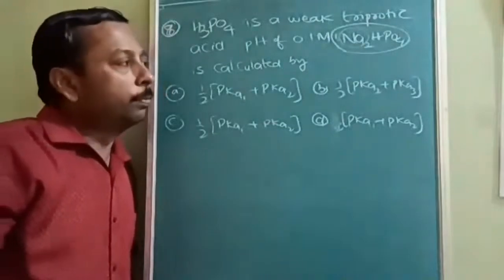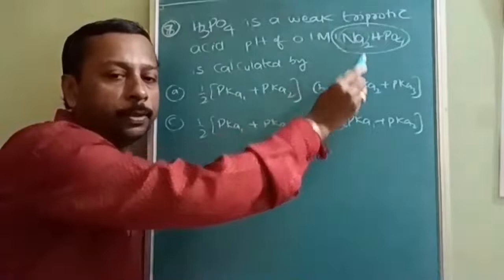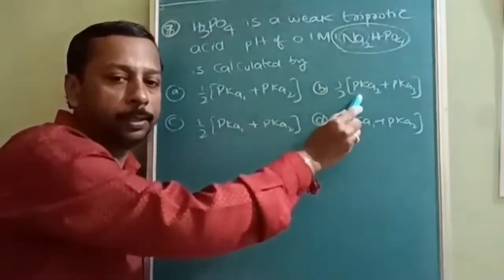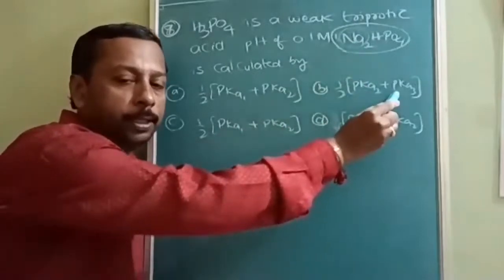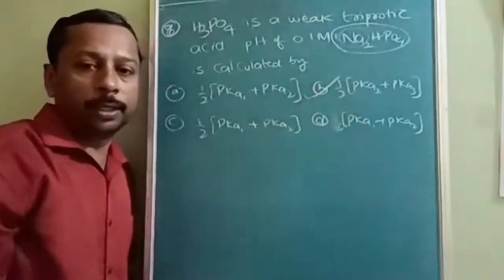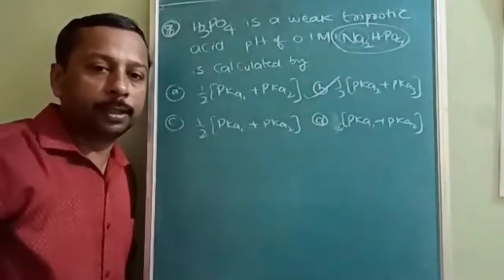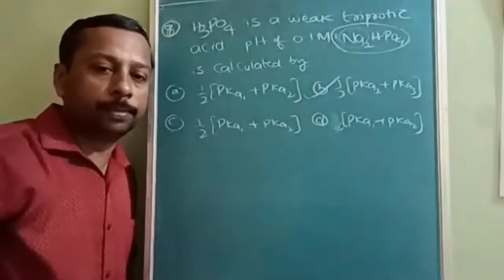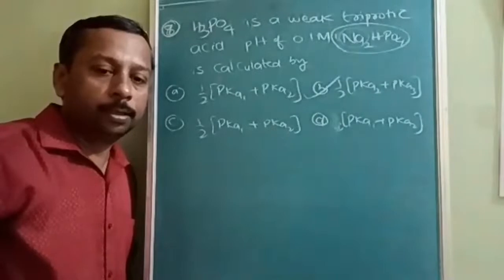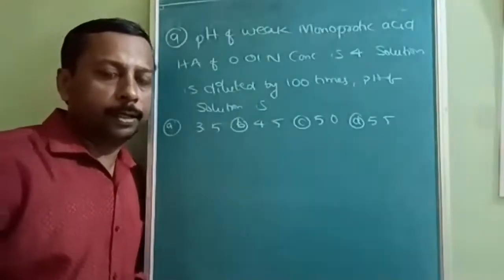But here 2 hydrogens are already replaced. Therefore, we will start with pKa2 plus pKa3 by 2. So for amphiprotic, the answer will be 1 by 2 of, if second dissociation is there, then pKa2 plus pKa3 by 2.